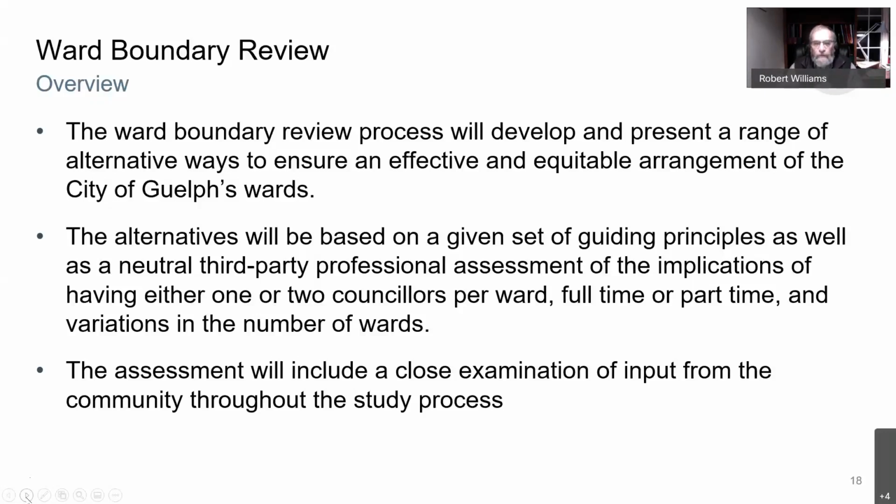We will draw from other experiences to do that. But as the third bullet points out, this assessment will also include a close examination of input from the community through the study process. So it's a combination of sources and perspectives that will lead to a set of recommendations to council by June.